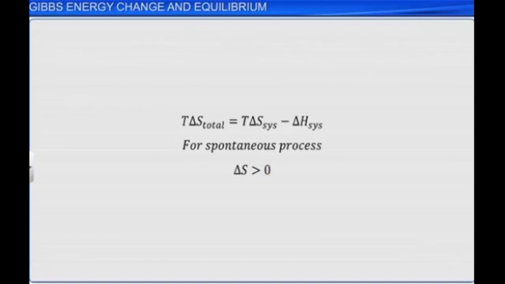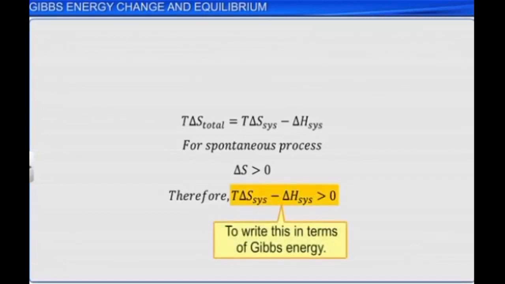Now to write this in terms of Gibbs energy, we need to convert the negative enthalpy change to positive. Thus, we will take out the minus sign and the equation becomes minus into delta H system minus T delta S system is greater than 0.